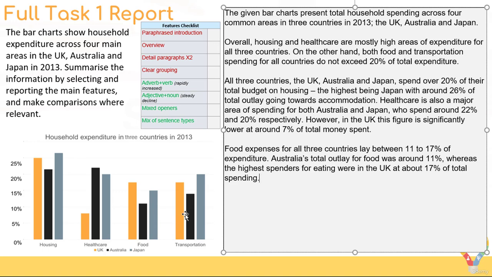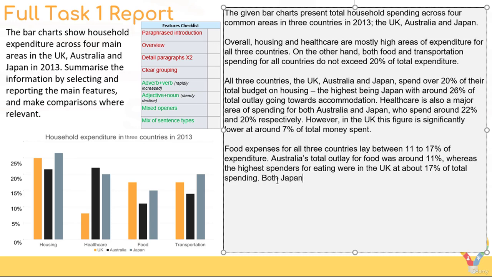Is there anything that I notice comparing these two sets of data? So I have Australia and Japan spend more on transportation than they do food, whereas the UK spends the same amount. Perfect. That's something that I can quite nicely describe here.